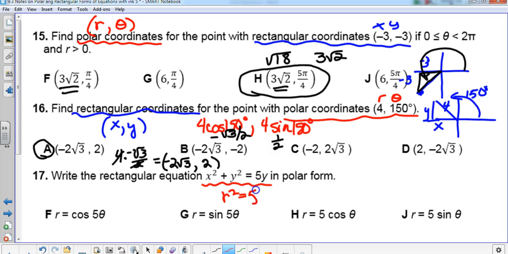And 5y, what can y be replaced with? And then what? Divide out an r. So we get choice J, just right, Faisal, when he said that about 5 minutes ago, right? Everybody okay? Kind of review what we did yesterday?